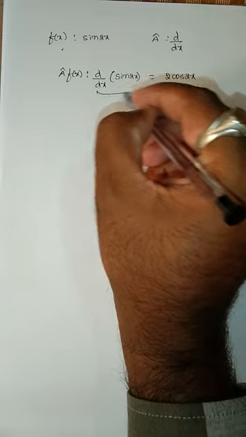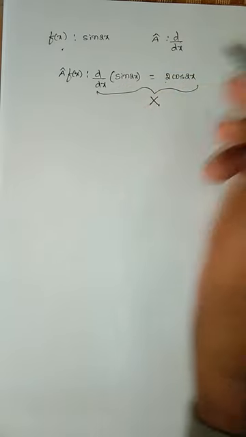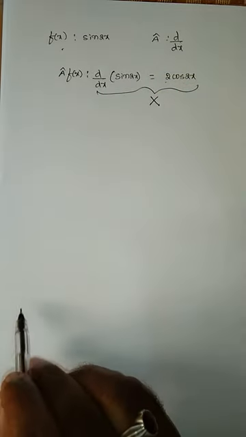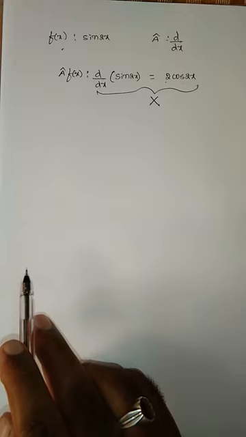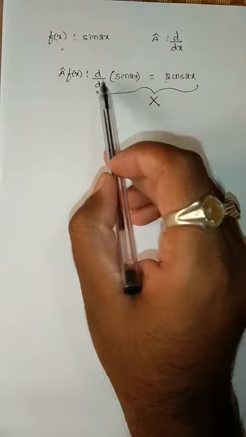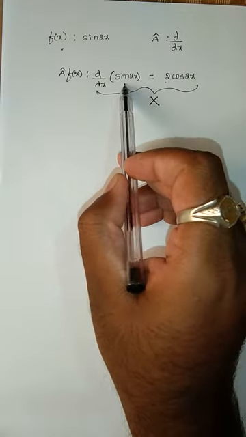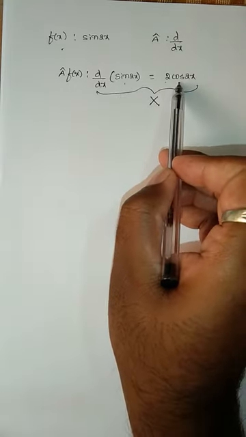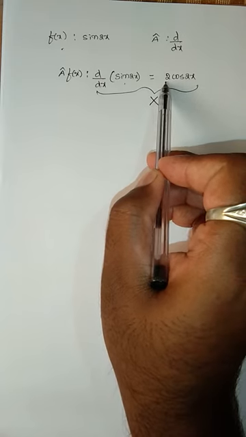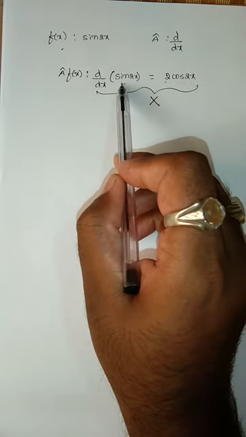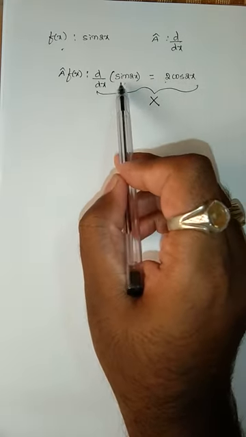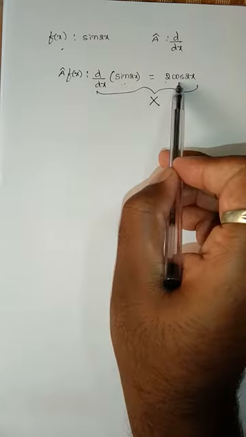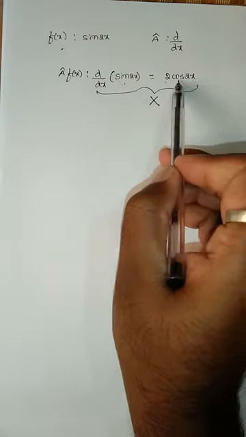But this cannot be called an eigenvalue equation. The reason is, by the definition, when the operator is operated on a function, we are supposed to get the same function multiplied with a constant. Here the function on which the operator is operated is sine 2x, and in the derivative we do not have sine 2x.